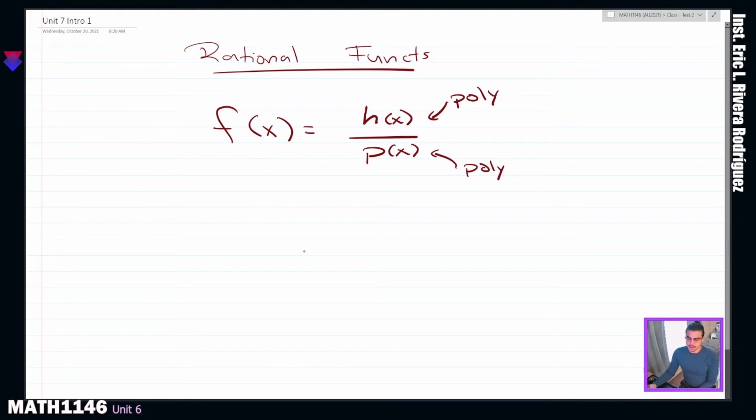From the library of functions, we got the parent function. The parent function is 1 over x. Okay? 1 over x is the parent function of all rational functions. See that in this case we have a constant function in the numerator. Sometimes you can call this a polynomial function because of its degree of 0.